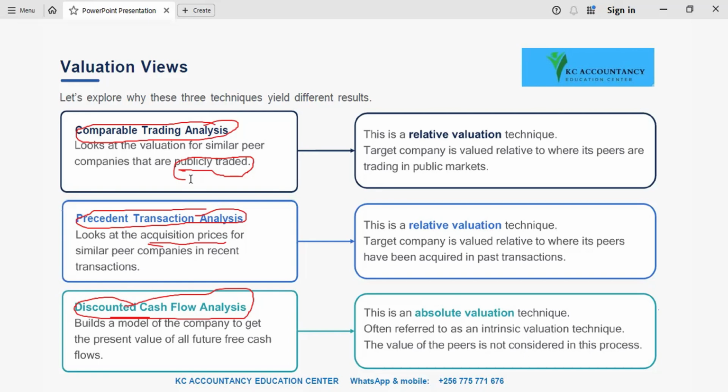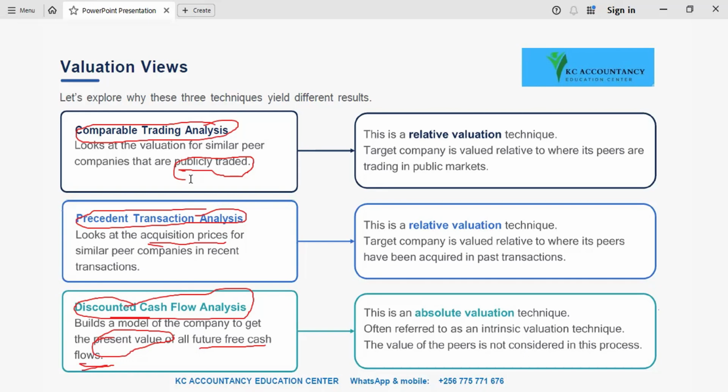In other words, we forecast the future free cash flows, and at the same time, we discount those cash flows back to their present worth. In other words, we get the present value of all the future cash flows. So that's basically what they mean in short.